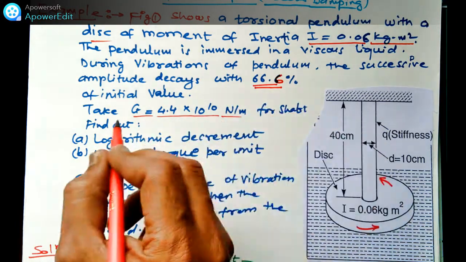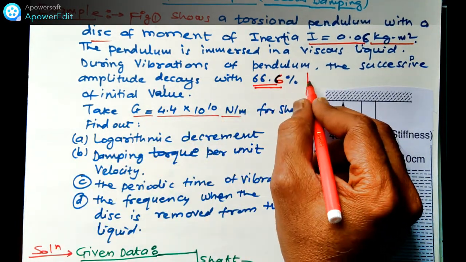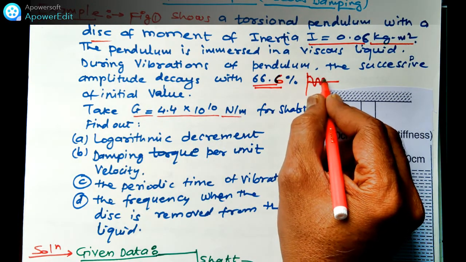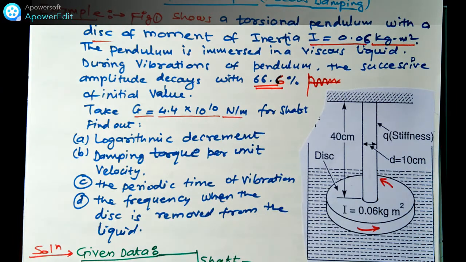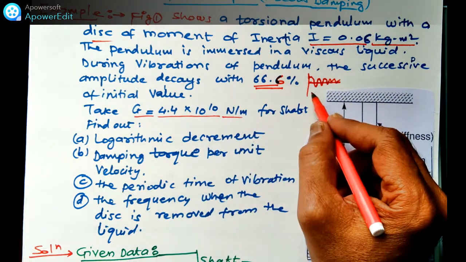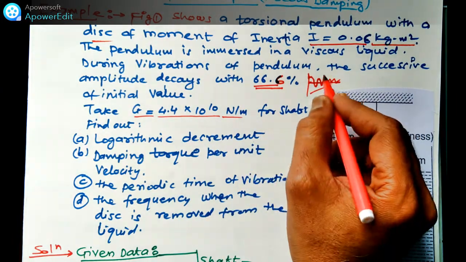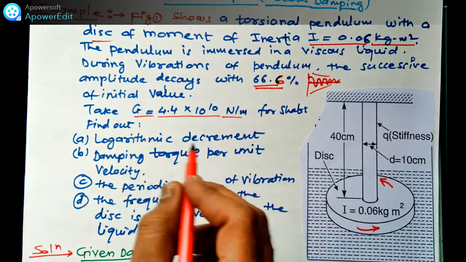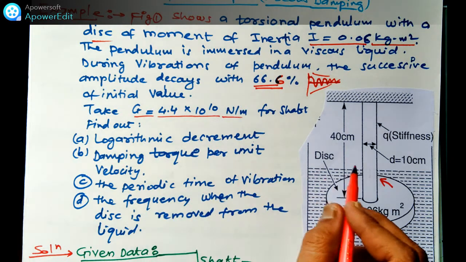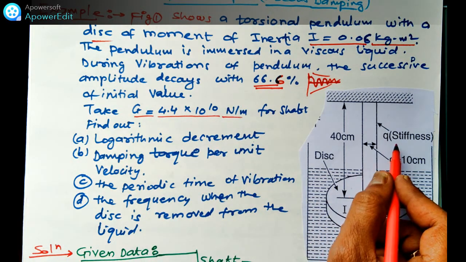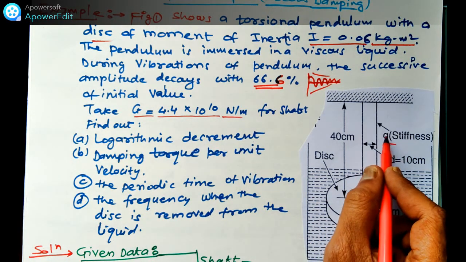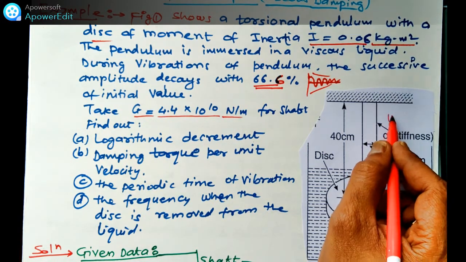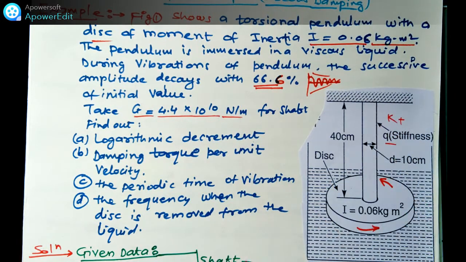Means when this pendulum rotates, the decay goes on decreasing like this, because this is the damped frequency. This shaft has some modulus of elasticity, and the value of the stiffness, represented in this diagram as Q or KT, we have to find out.